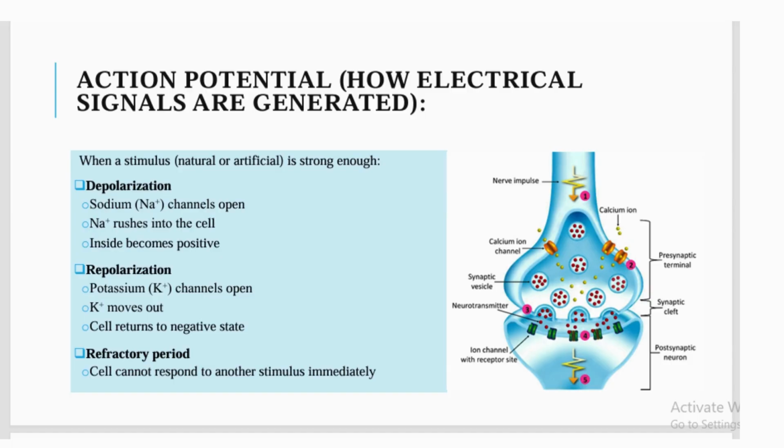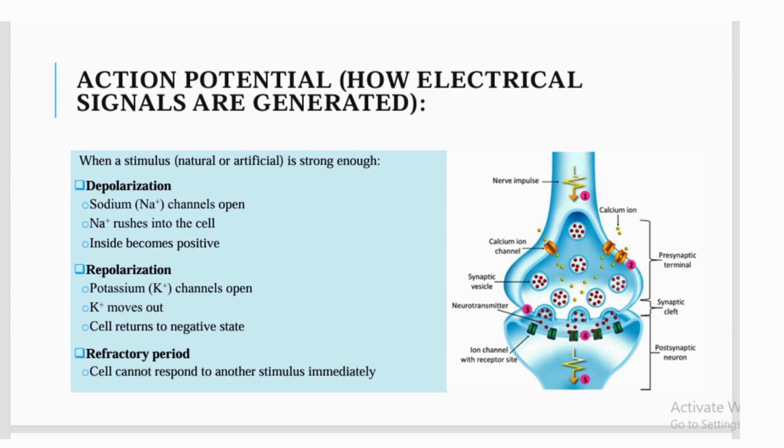So, action potential is how electrical signals are generated. When a stimulus, which may be natural or artificial, is strong enough, depolarization occurs. For example, the sodium channels open, sodium rushes into the cell, and the inside becomes more positively charged.